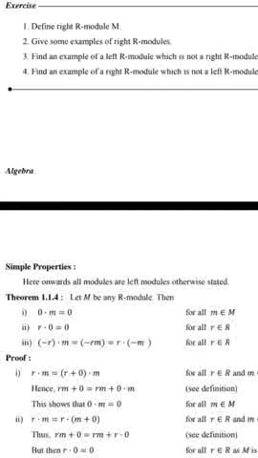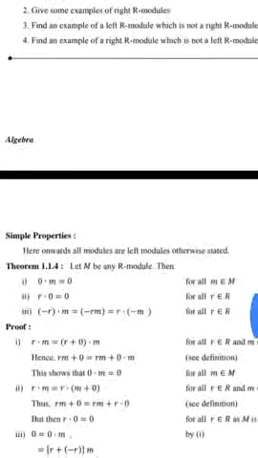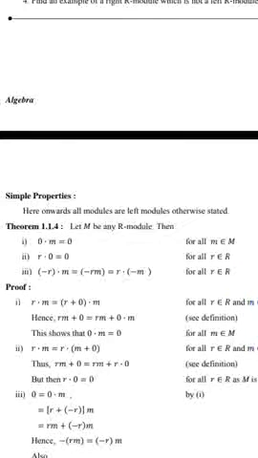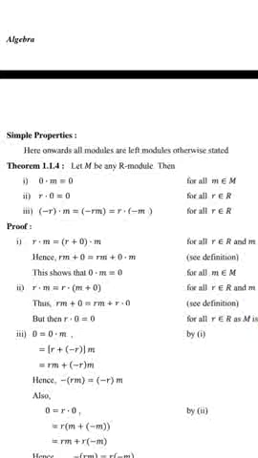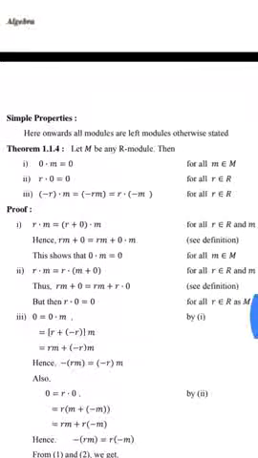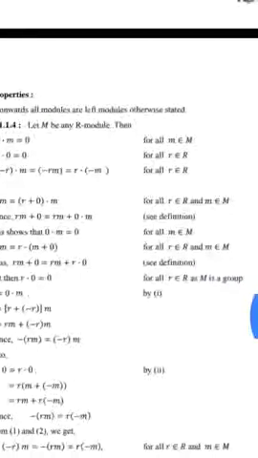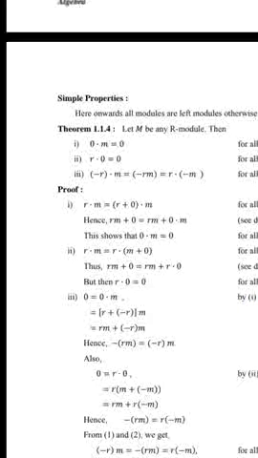Next, properties of modules. Let M be any R module. Then 0·m = 0 for all m belongs to M, r·0 = 0 for all r belongs to R, and (-r)m = -(rm) = r(-m) for all r belongs to R and m belongs to M. Now see the definitions. rm = (r + 0)m for all r belongs to R, m belongs to M. Hence, rm + 0 = rm + 0m.